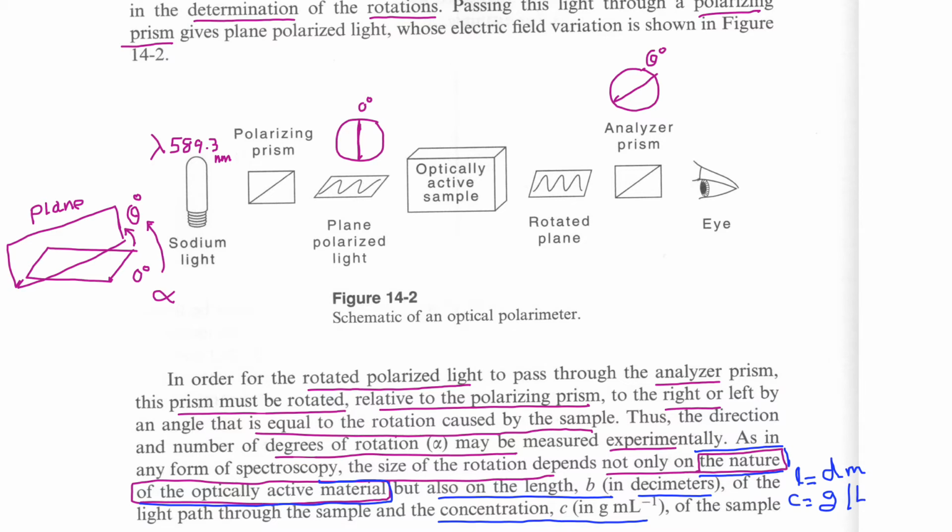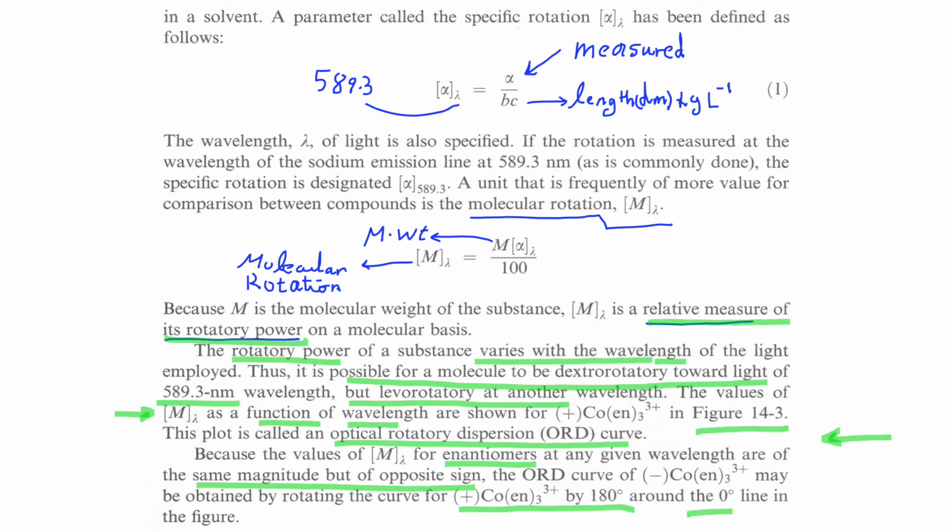Now, if you want to calculate alpha lambda, which is lambda at 589.3 nanometers, alpha lambda, the reported or tabulated value, equals alpha, the measured value, divided by c times b, where b is the length in decimeters and c is the concentration in grams per liter.